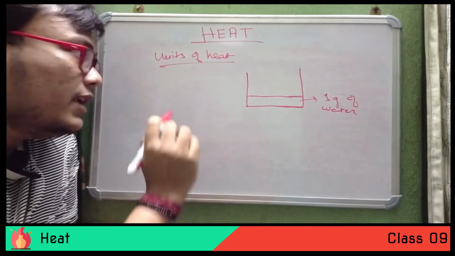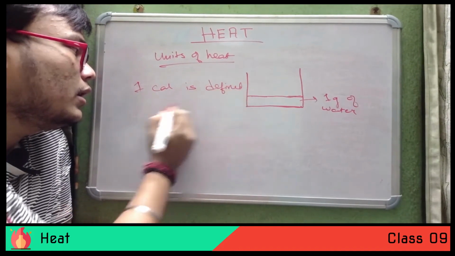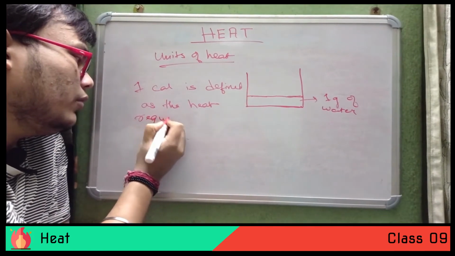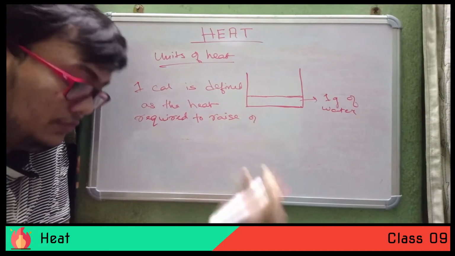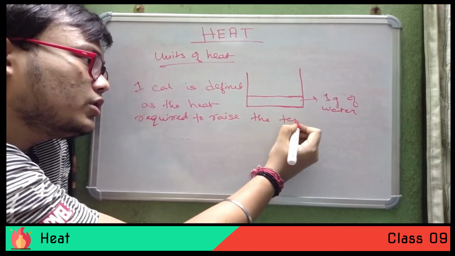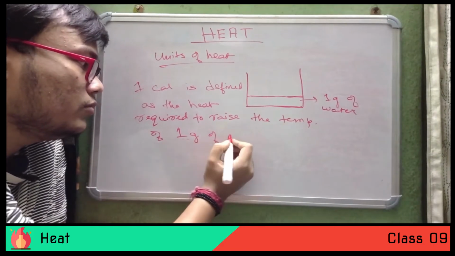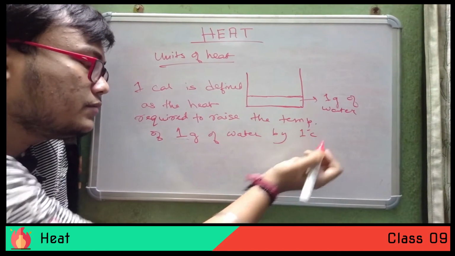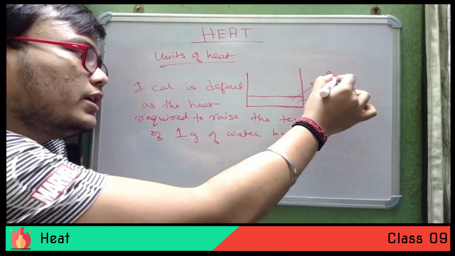Now 1 calorie is defined as the heat required to raise the temperature of 1 gram of water by 1 degree Celsius.